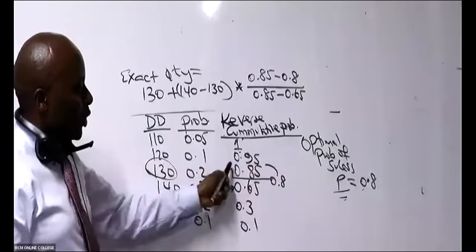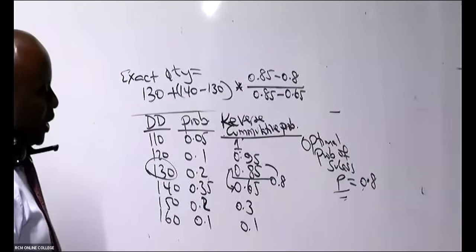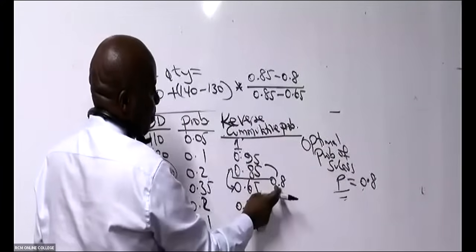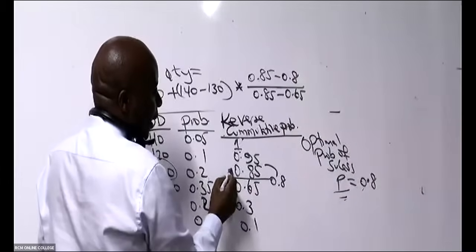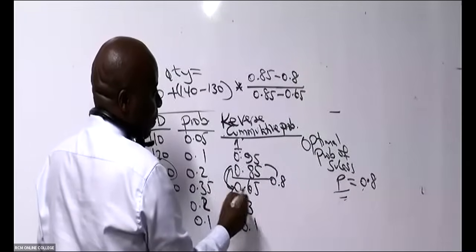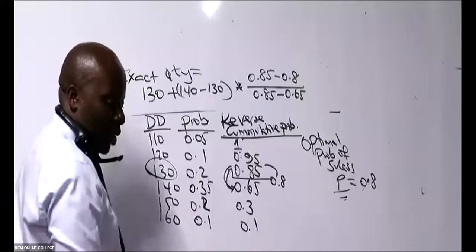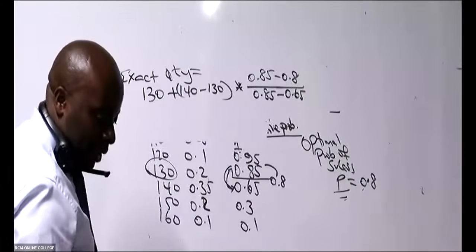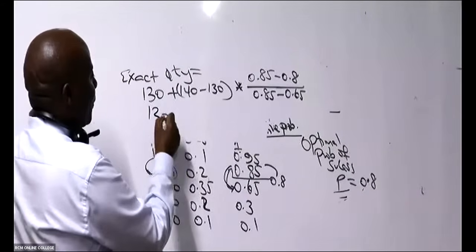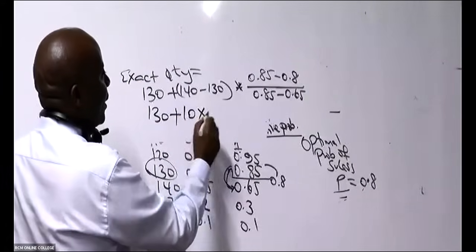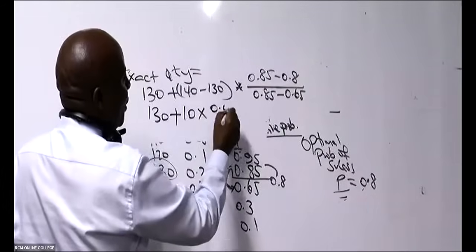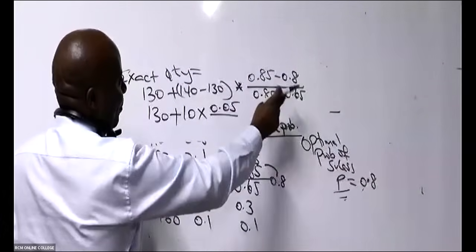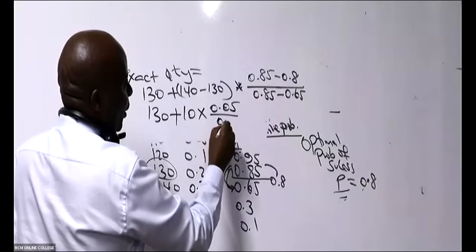And then I will use these cumulative probabilities, where for the numerator you take 0.85 minus 0.8, over the denominator, 0.85 minus 0.65. Let's move slowly. So this one will be 130 plus 10 times this minus this gives me 0.05, all over 0.85 minus 0.65, 0.2.